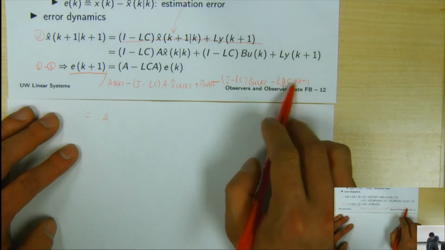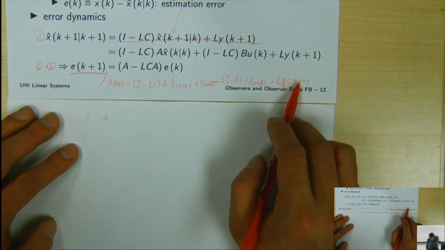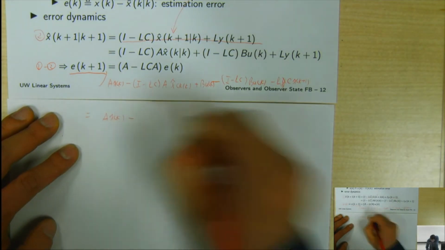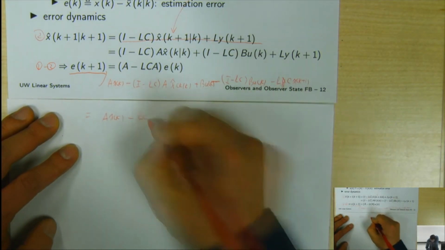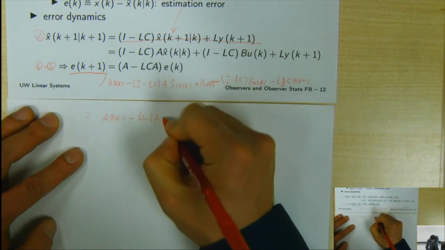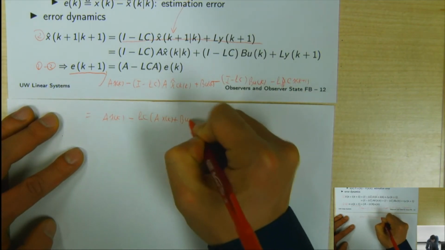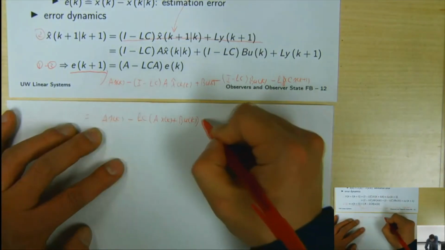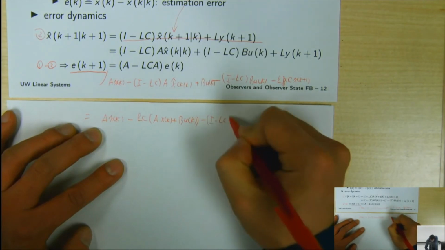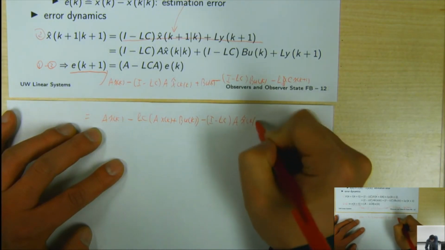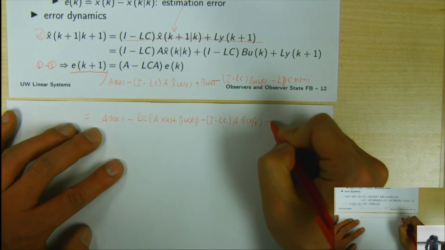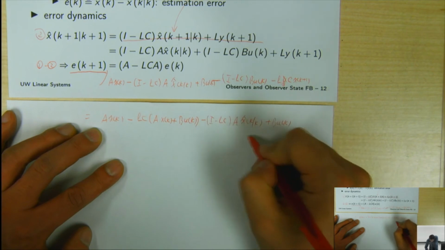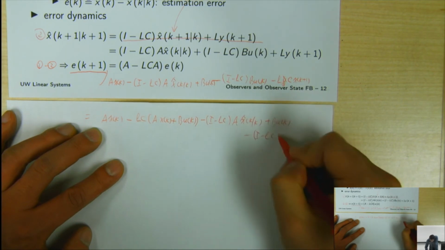Let's take a look at this term. So this has an x k plus 1 term, so it's A x k minus LC times x k plus 1, so that's A x k plus B u k, and then minus I minus LC A x hat k given k plus B u k, and then minus I minus LC B u k.